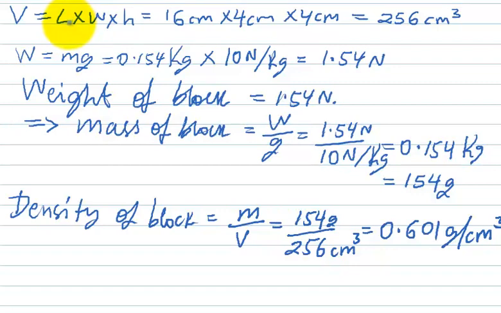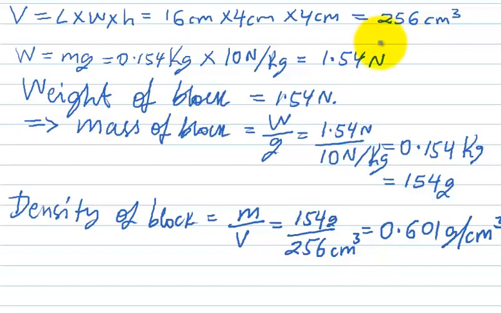One of them is the mass of the substance, the other one is its volume. So when we look at the block, since it is a cuboid, we can immediately calculate its volume by multiplying length by the width and by the height. That gave us 256 centimeters cubed. The next task is to find the mass of the same block.